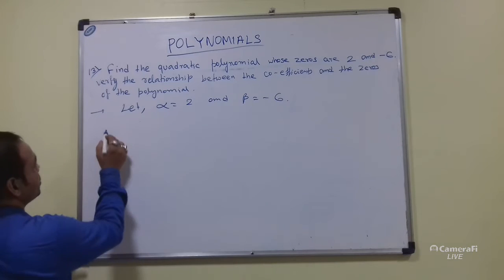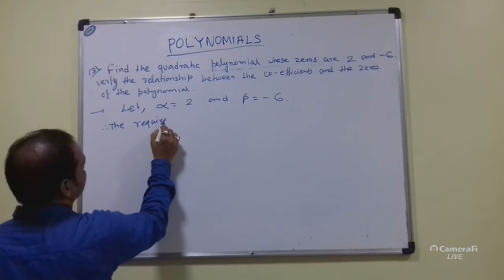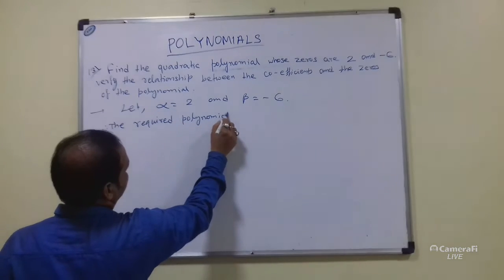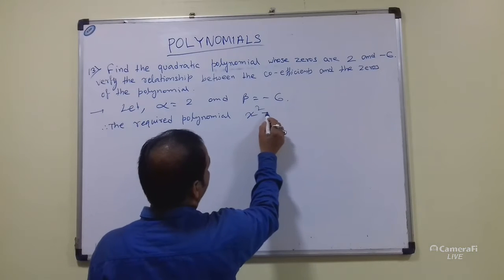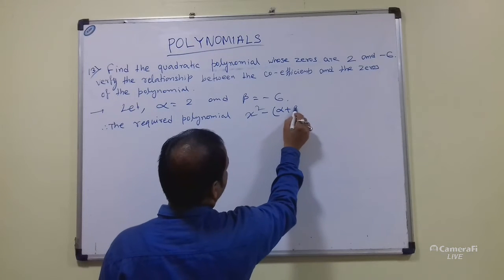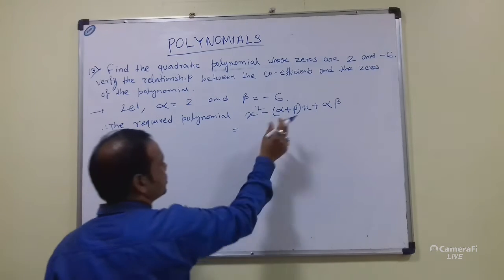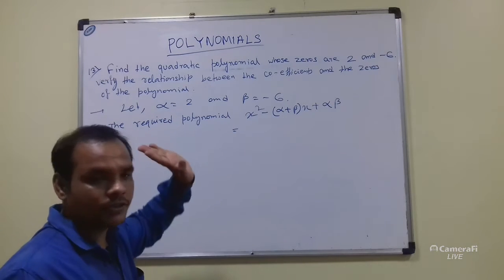The required polynomial is x square minus alpha plus beta into x plus alpha beta. This is the formula to find the polynomial when two zeros are given.